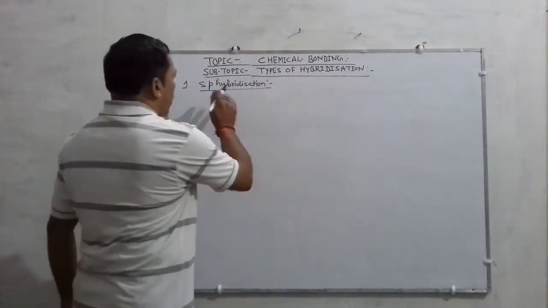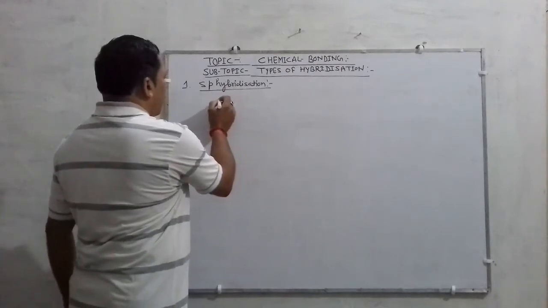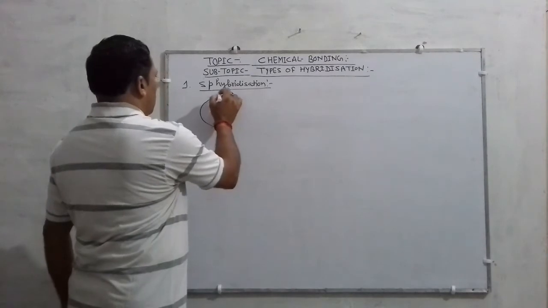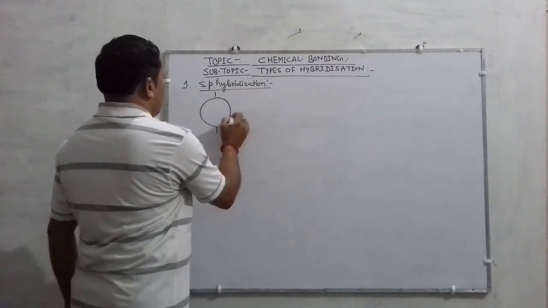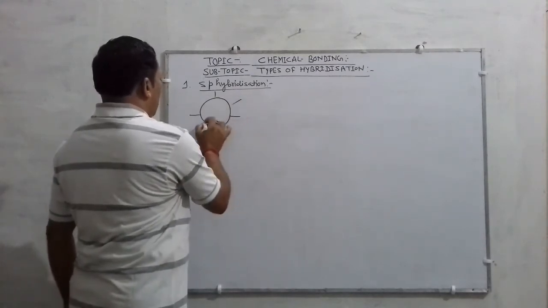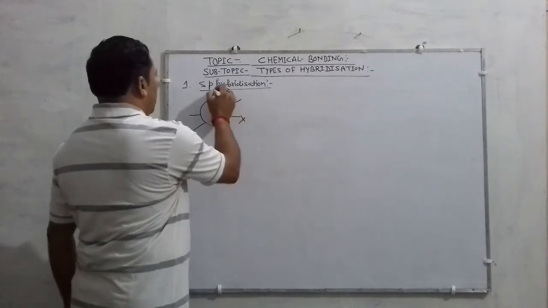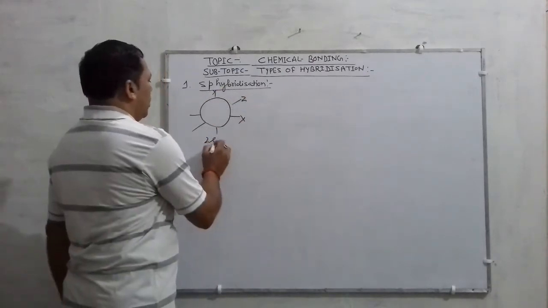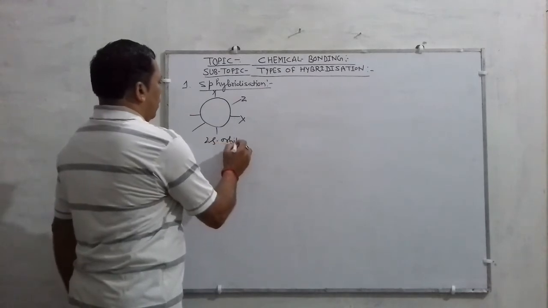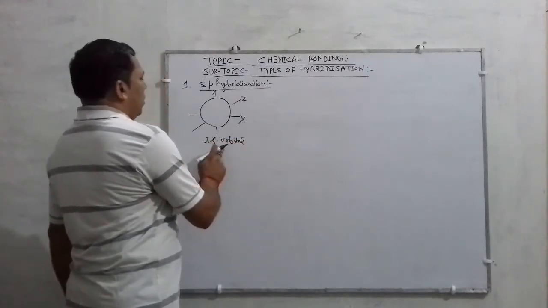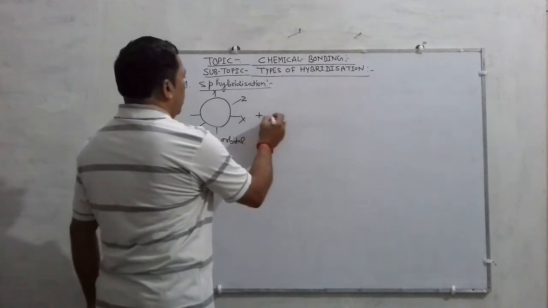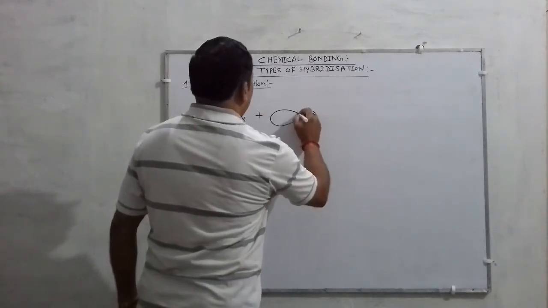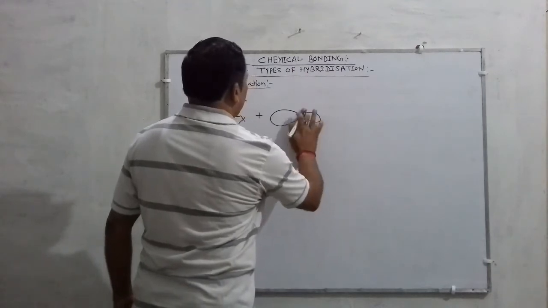See here, according to the definition, one s orbital. Suppose x-axis, y-axis, z-axis, I am showing that is s orbital and one p orbital. The shape of the p orbital is what? That is dumbbell shape.